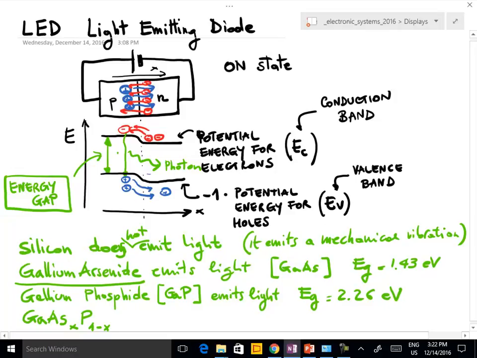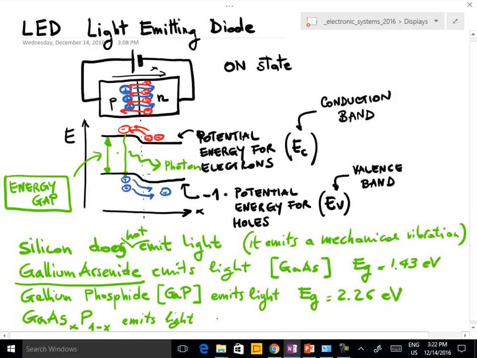We have a material which has a gap in the middle between 1.43, the gallium arsenide gap, and 2.26, the gallium phosphide gap. Okay, so we can obtain all the frequencies in the middle. We can obtain, for example, the red. We can obtain, for example, the green by adjusting the molar fraction of arsenide and of phosphor. Okay. And also this material, of course, emits light.